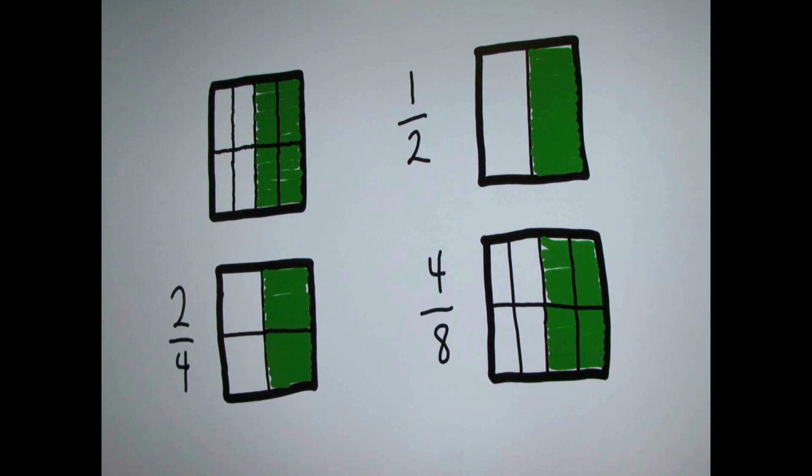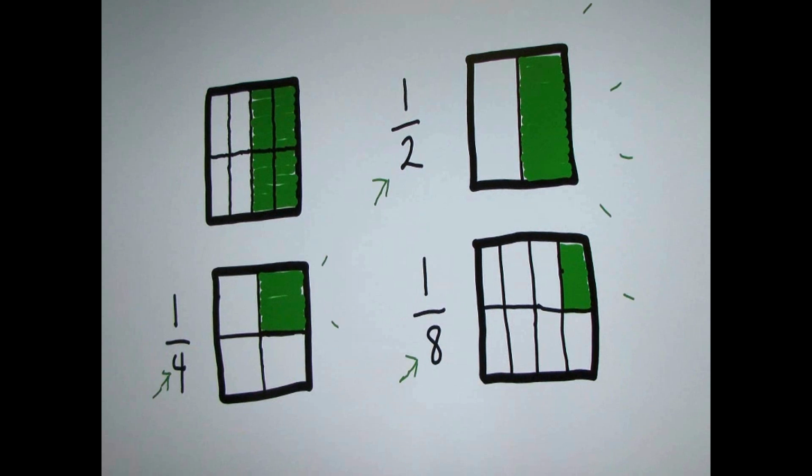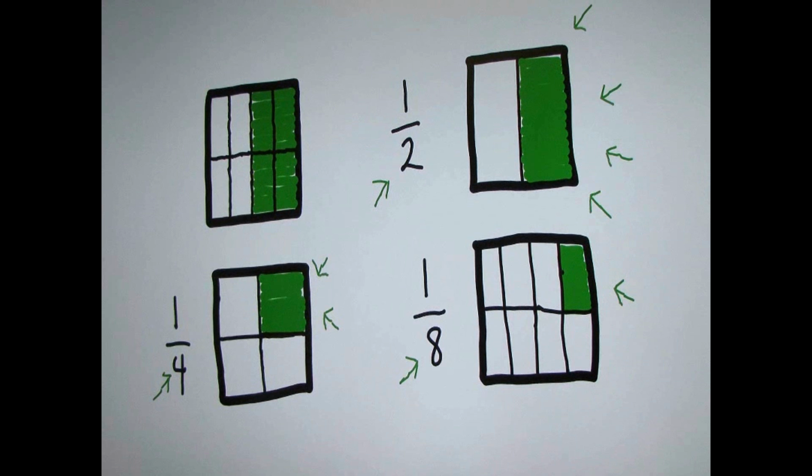If I change the top number to 1 on all these fractions, we can note something else. First, we see some new fractions, specifically 1/4, sometimes called a quarter, and 1/8. As the bottom number gets bigger, the parts get smaller.